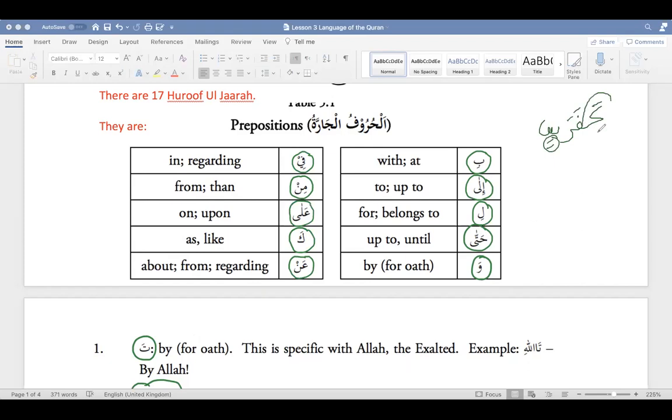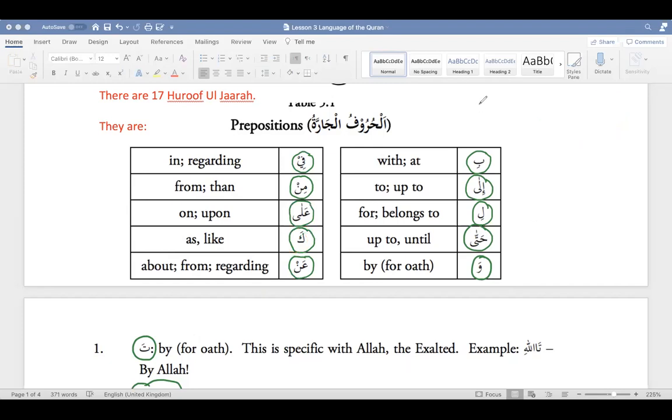You see this harf jar, ka, and it renders the word after it, which is faras, meaning horse, with a kasra, because of the harf jar. So you could say as-sayyara ka farasin, the car is like a horse.